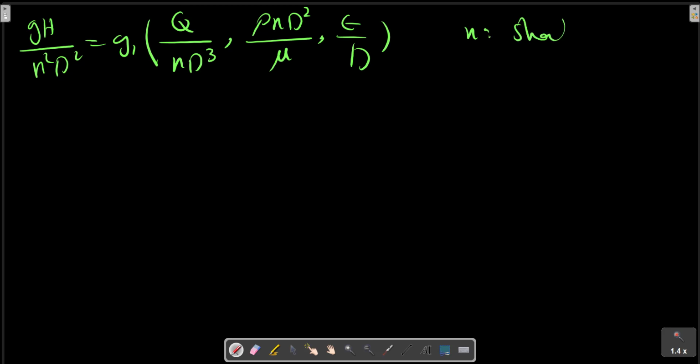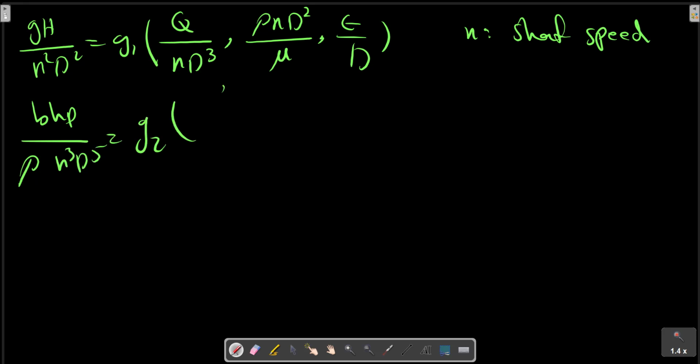N is shaft speed, rotation, and BHP on rho N^3 D^5, also the same.